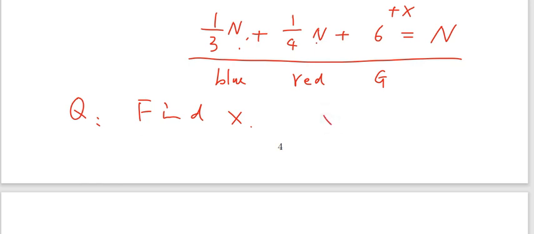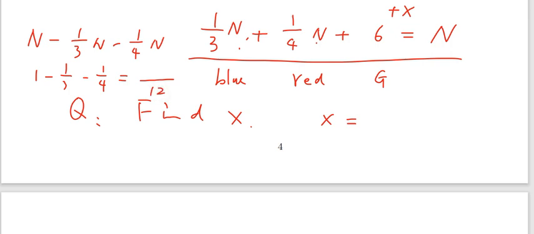So x equals n minus 1/3 n minus 1/4 n, which equals 1 minus 1/3 minus 1/4, times n. With common denominator 12, that is 12 minus 4 minus 3, so 12 minus 7, which is 5.